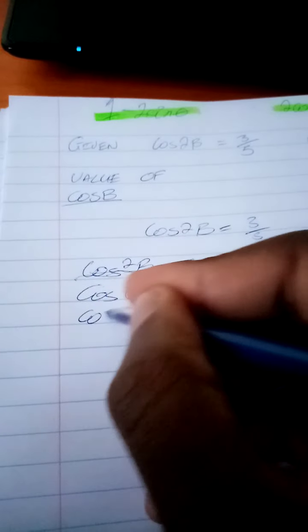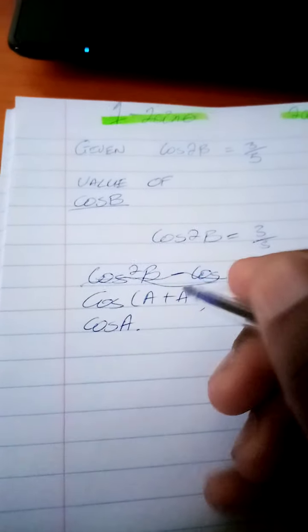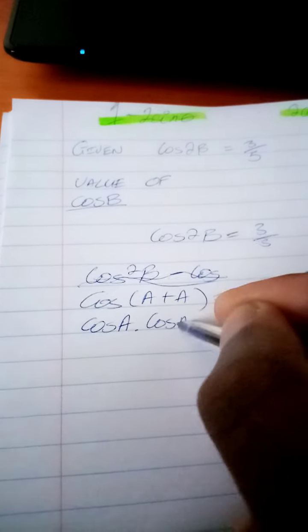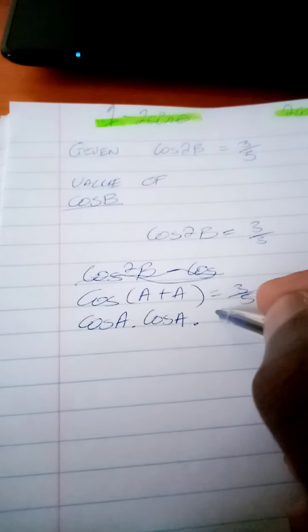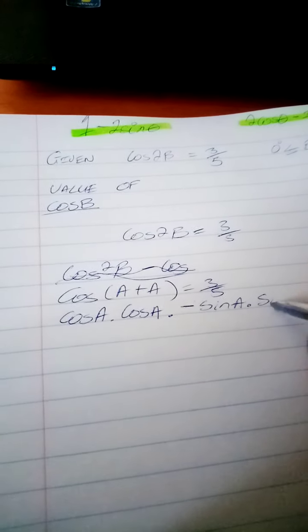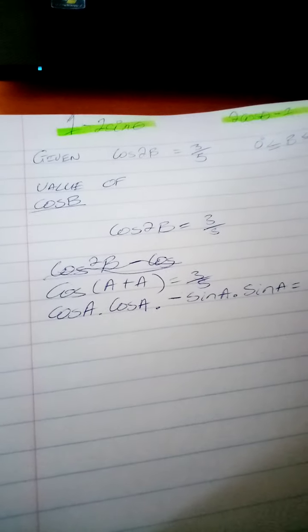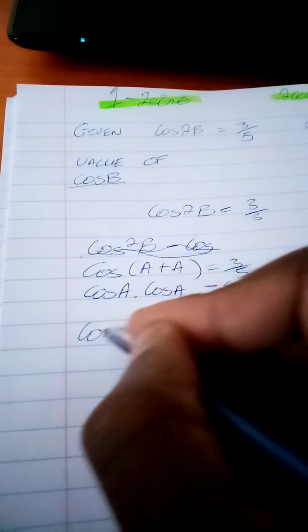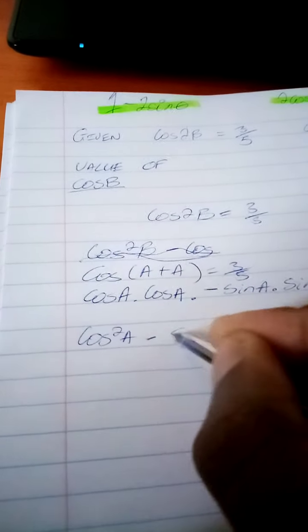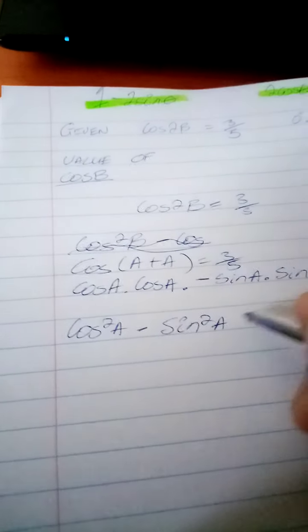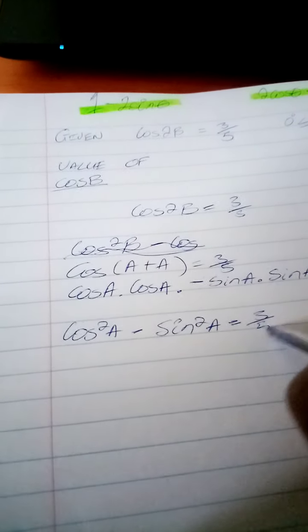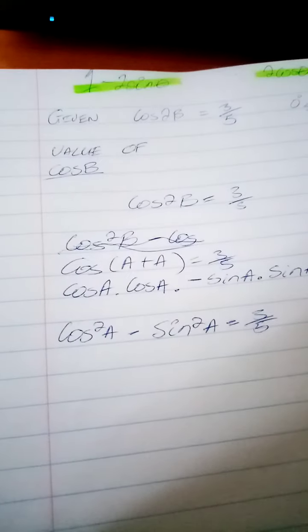This is equal to cos b times cos b, the second angle, minus sine b times sine b, which equals 3 over 5. Therefore, it is cos squared b minus sine squared b, which equals 3 over 5.